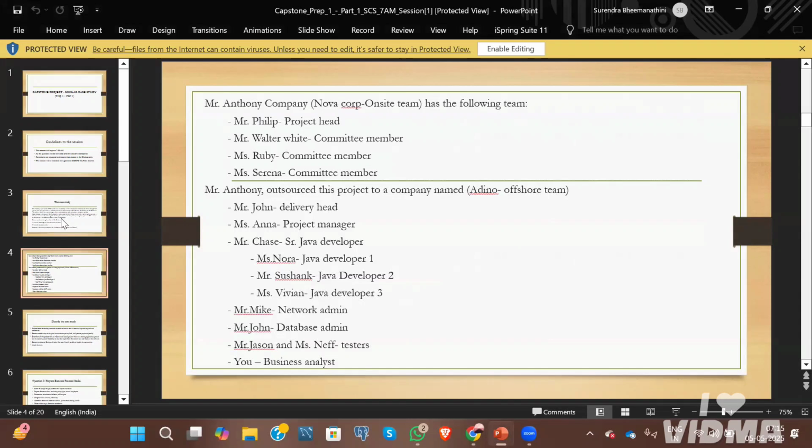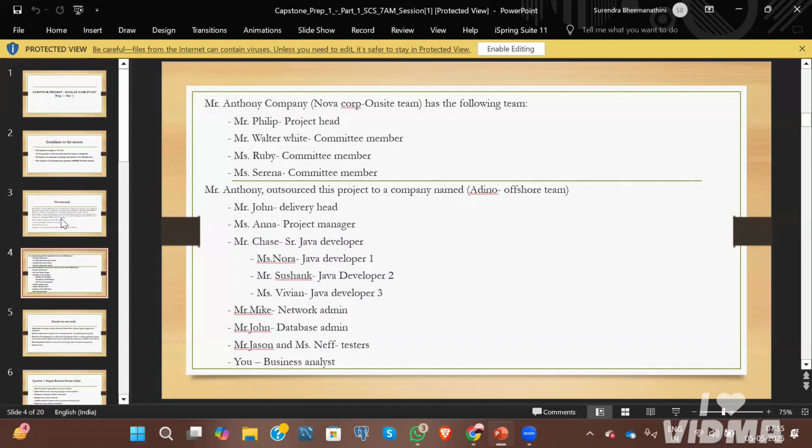Mr. Anthony's company, Nova Corp on-site team, has the following team. This NRI already has a company, and the team people are Philip, project head, Mr. Walter White, committee member, Mr. Ruby, committee member, and Miss Serena, committee member.